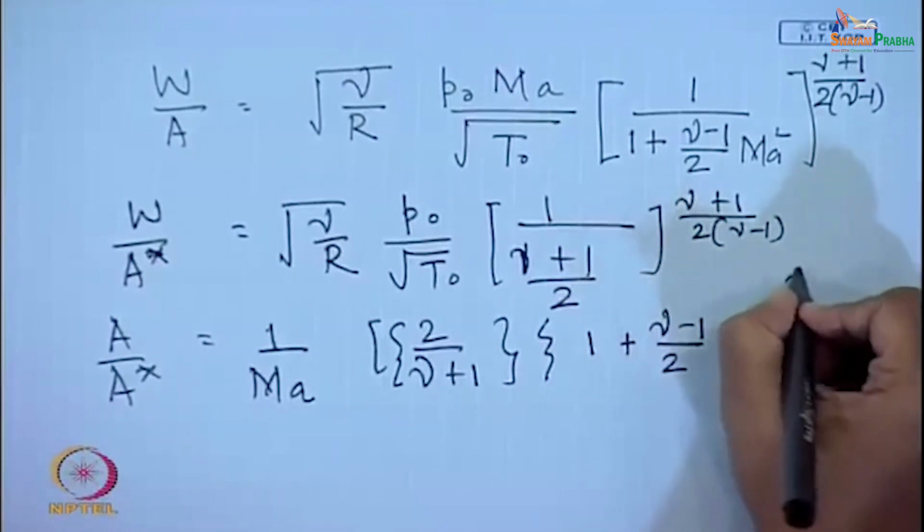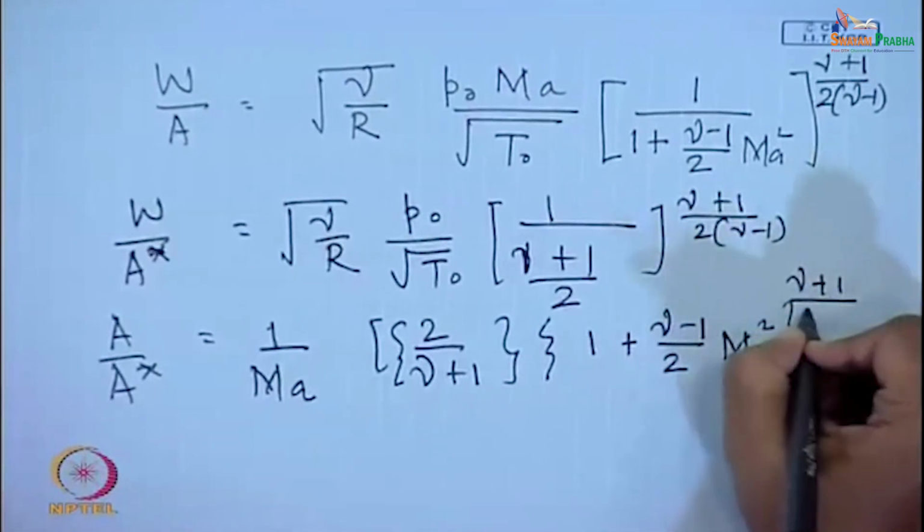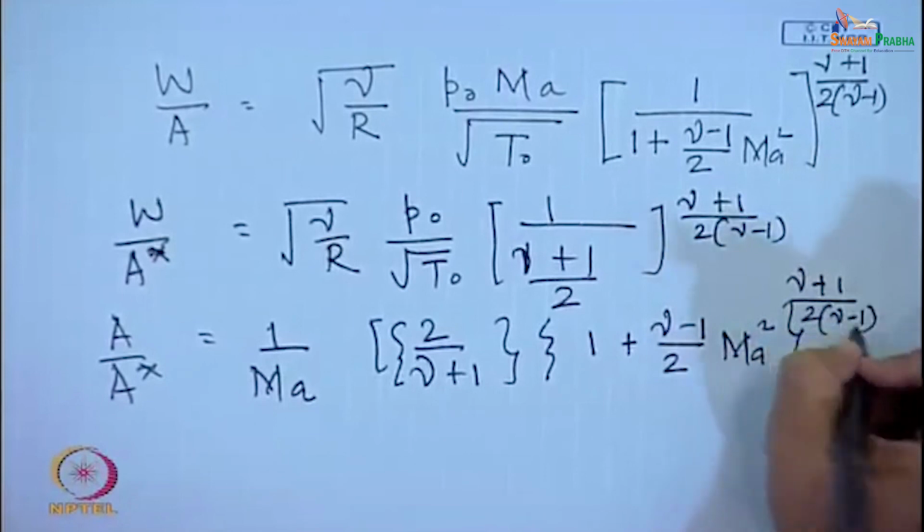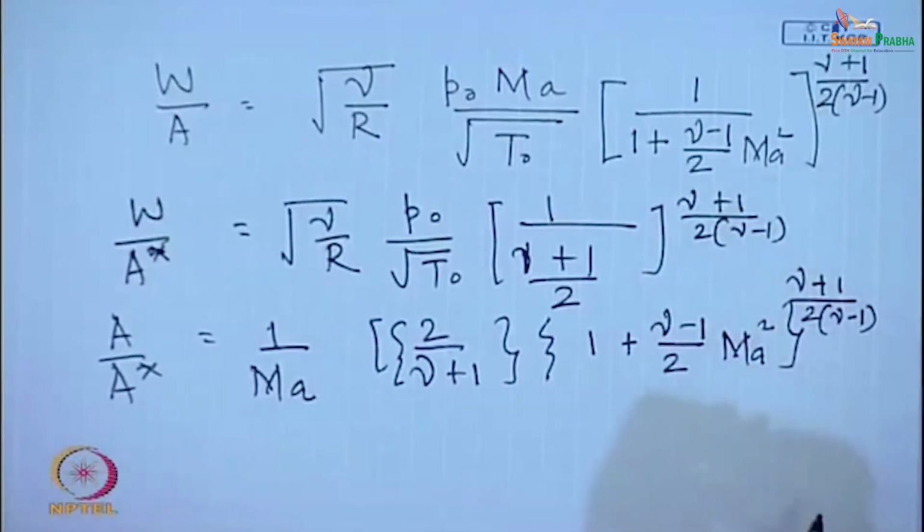Please perform these derivations, otherwise, I am just deriving it and you are just copying it down, that is not going to help you much. Please derive these and then do them accordingly.